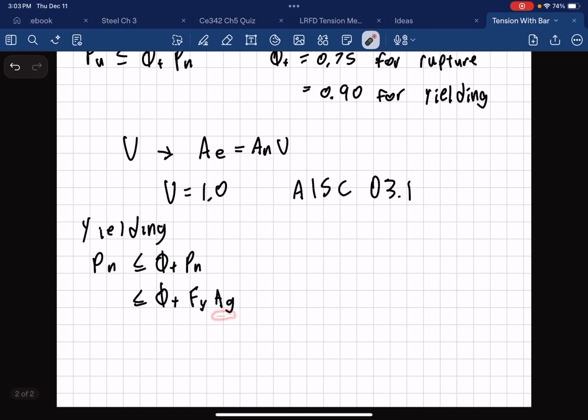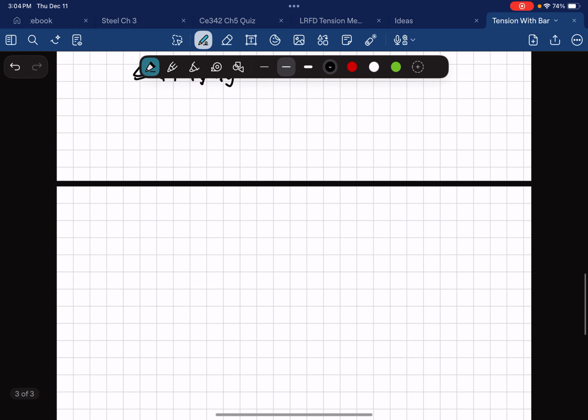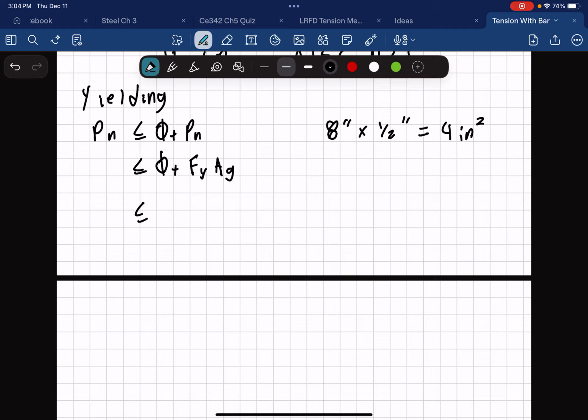And Ag for a bar is pretty simple because we have an 8-inch bar by a 1/2 inch bar, and that's going to give us a 4 inch squared gross area. So we can do this pretty quickly. Phi t, we'll say this is 0.90 because we're talking about yielding. And if we do this out, we have 36 times 4 times 0.9 is 129.6 kips. So we now have our controlling load for yielding.